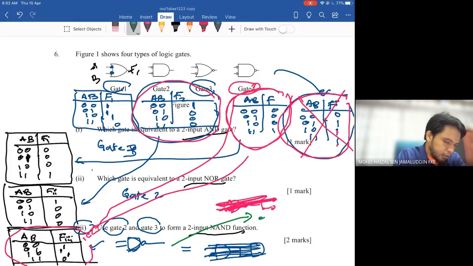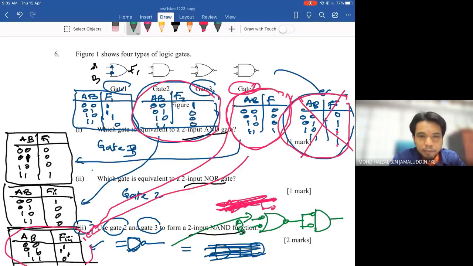So you are representing this as AB added up with gate number 3. Just 2 marks. So just like that. Okay, because you know this is 0001. So you want the output to be complementary to this number. So that means 0 changes to 1 and 1 changes to 0.